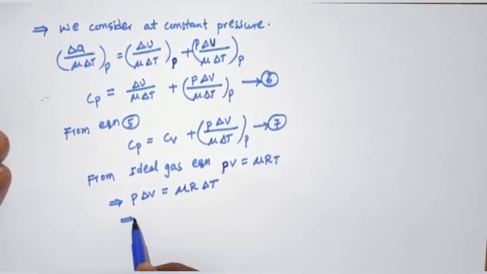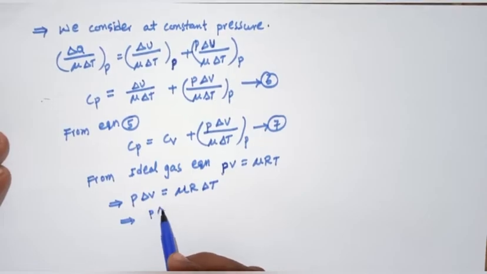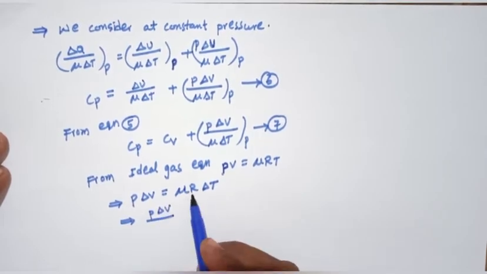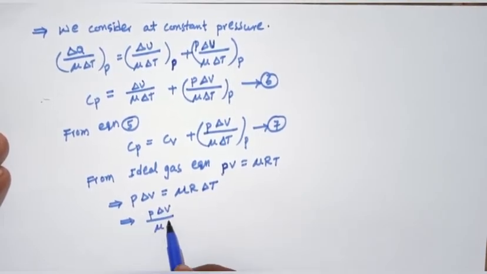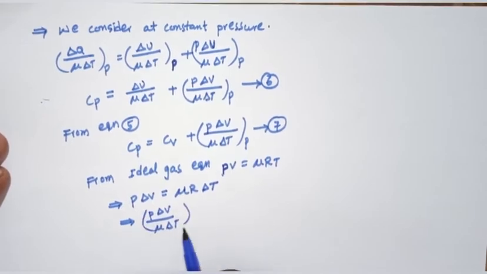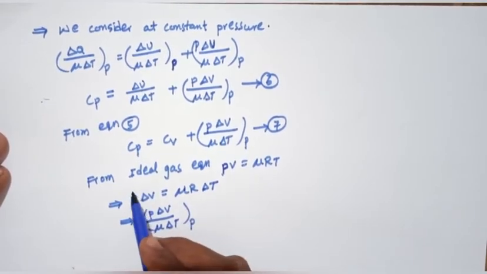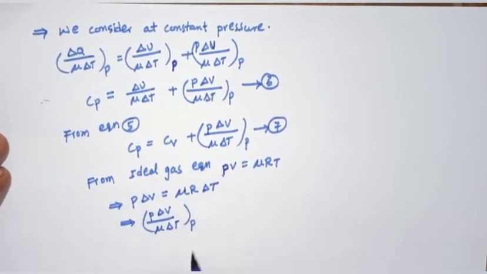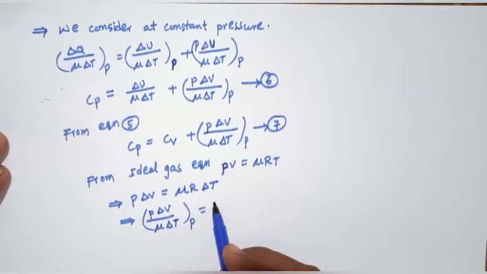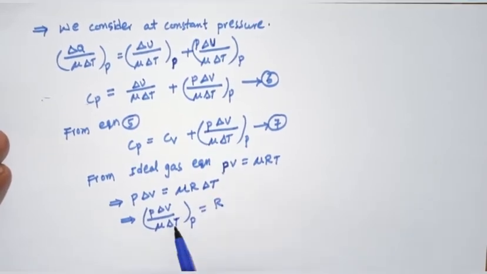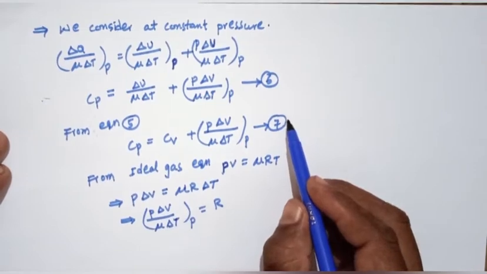So P delta V by mu delta T at constant pressure is R.